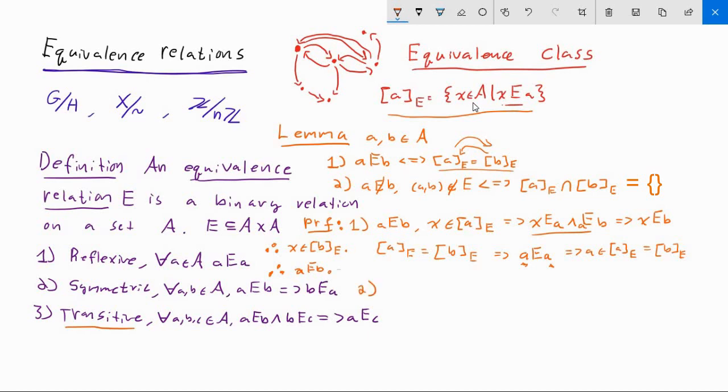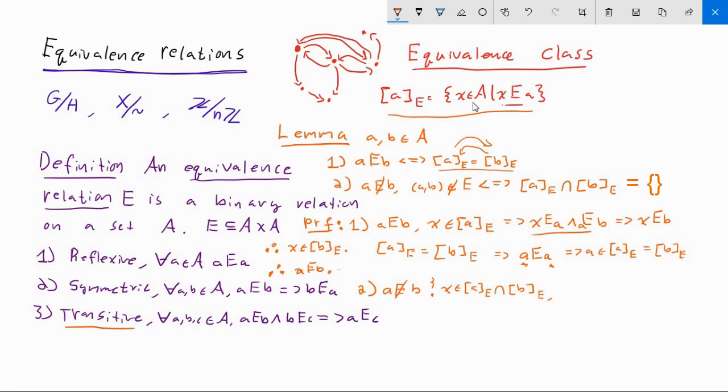In order to prove the second part of this lemma, we're going to proceed by a proof by contradiction. So we suppose it's the case that A is not related to B, and we assume towards a contradiction that the intersection is not empty. That is, we can find some X which lies in both equivalence classes.